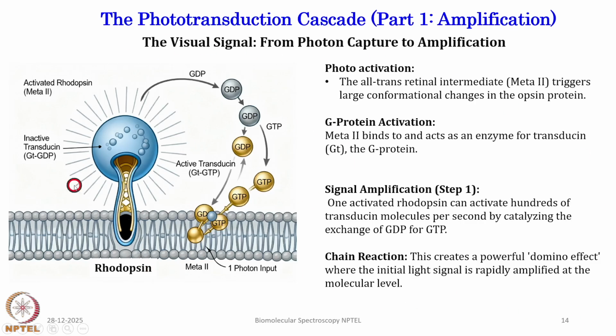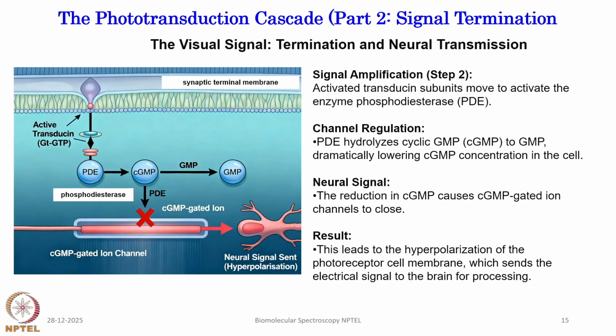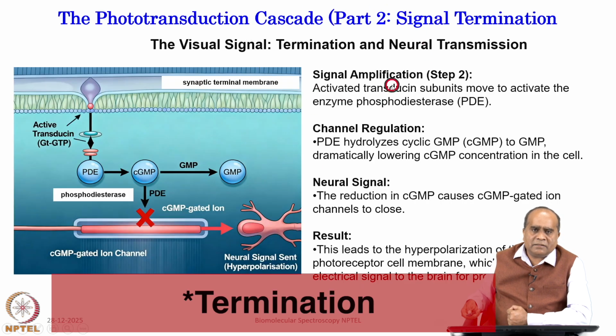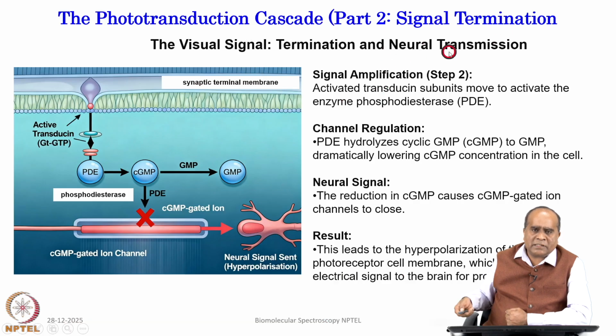This molecular level change creates a signal which is captured and then amplified for us to visualize, right. So, the visual signal happens and neural transmission happens. With active transducin, GTP comes in and there is cyclic GMP and all of that happens. So, these chemical reactions basically get into neurons, right. So, that is what happens.